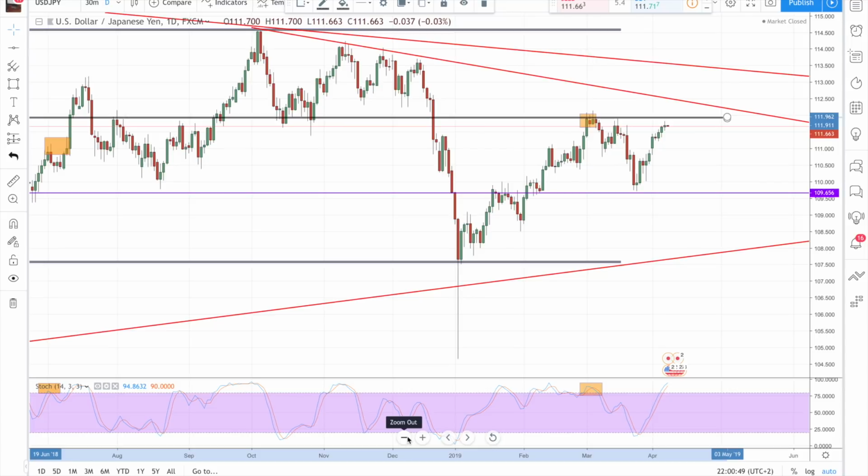USD JPY looks interesting. USD was pretty strong. So regarding all of those pairs, Euro USD, NZD USD, USD JPY, we can see that USD has been very strong and brought all of the pairs to certain key levels.